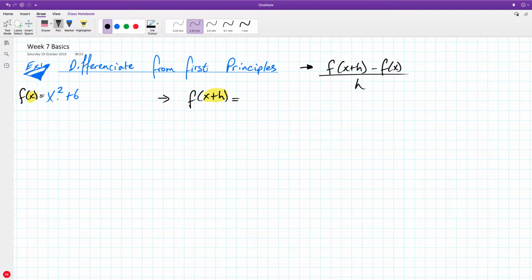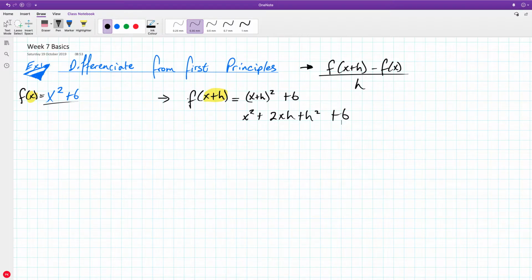So instead of having x squared plus 6, it's x plus h all squared plus 6. Squared out, x squared, twice the first by the second, squared last, plus 6. So now that's your function of x, and that's your function of x plus h.